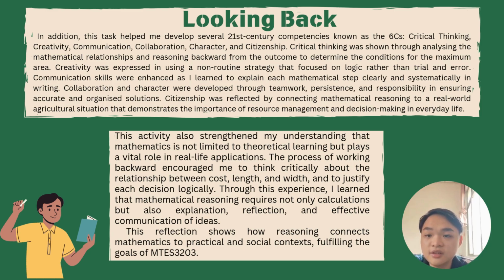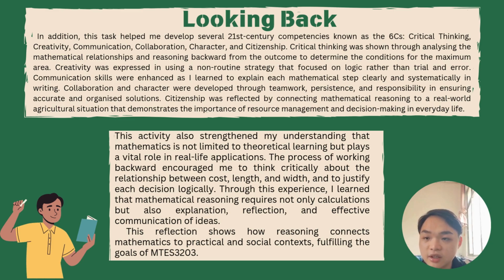Critical thinking was shown through analyzing the mathematical relationship and reasoning backward from the outcome to determine the condition for the maximum area. Creativity was expressed in using a non-routine strategy that focused on logic rather than trial and error. Communication skills were enhanced as I learned to explain each mathematical step clearly and systematically in writing.